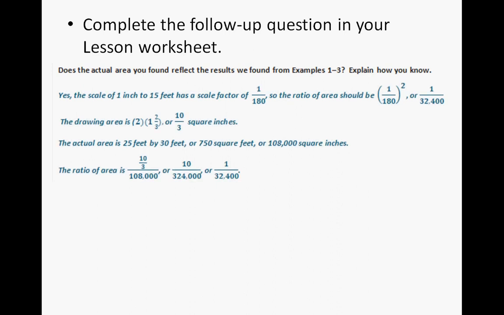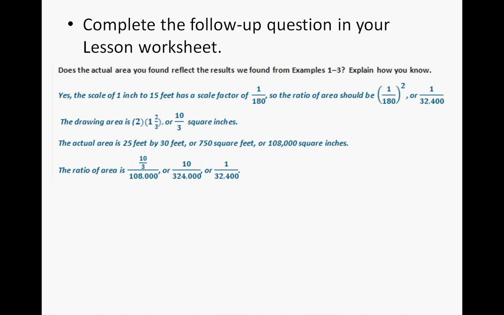Well, yes, the scale of 1 inch to 15 feet has a scale factor of 1 to 180. So the ratio of the areas would be 1 over 180 squared, or 1 to 32,400.